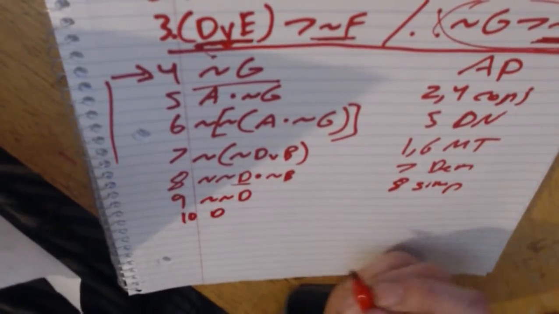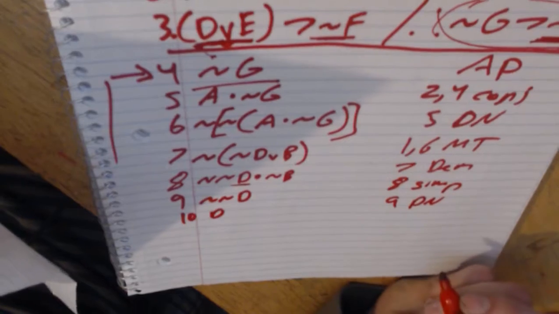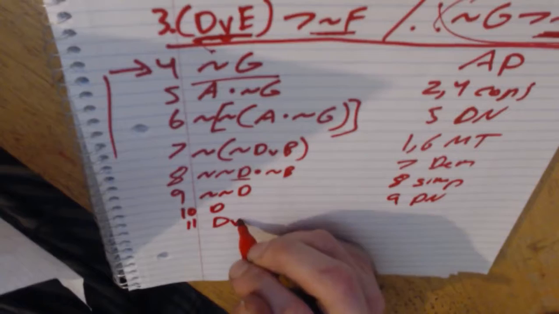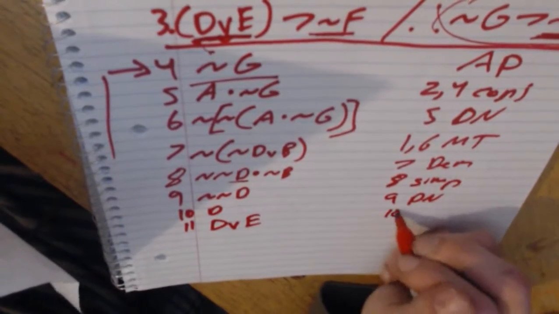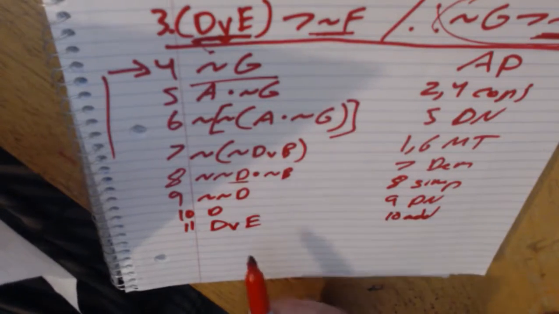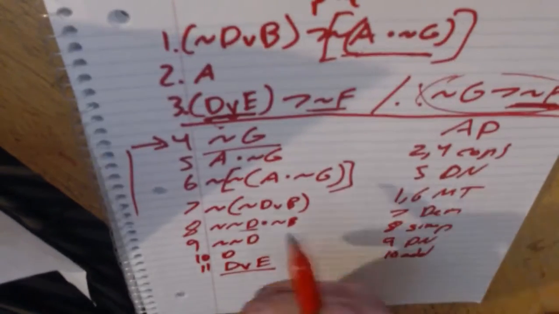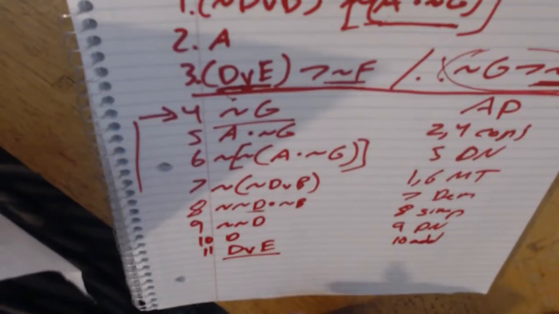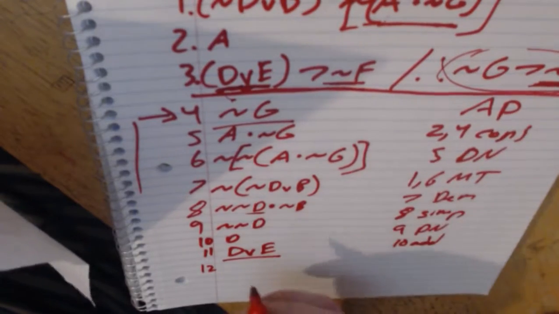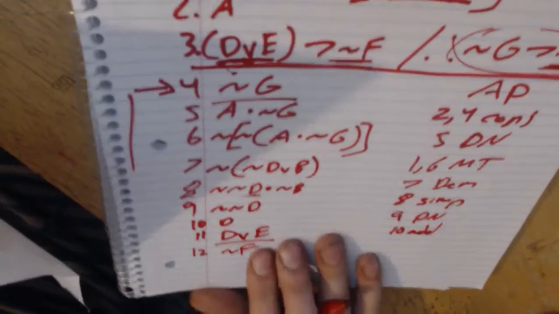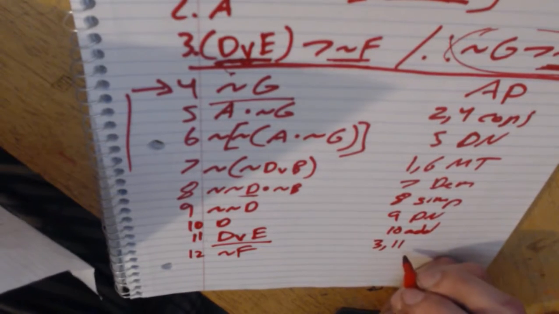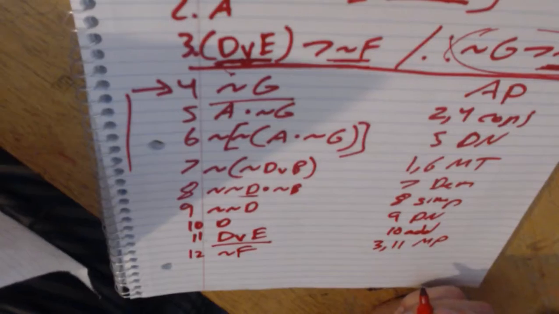A not D by 8, simplification. 10, D by 9, double negation. 11, here we go, D or E by 10, addition. We just added it to it. So now we have this and we have this premise. So by 12, modus tollens, not F by lines 3 and 11, modus ponens.